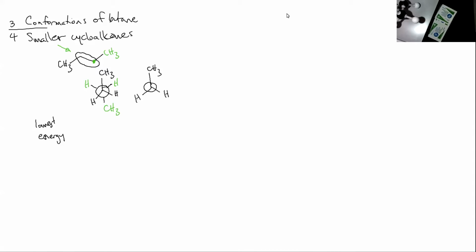However, the methyl group on the back carbon is going to be only 60 degrees away from the methyl group in front. Right here, it's closer than over here. And so the electrons in those bonds, that's the main thing that you need to know about torsional strain. It always has to do with electrons in bonds, the repulsion of electrons in bonds.